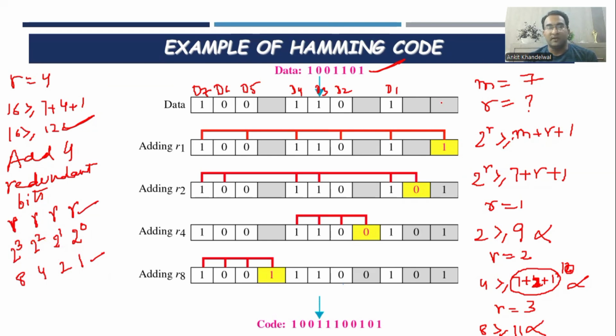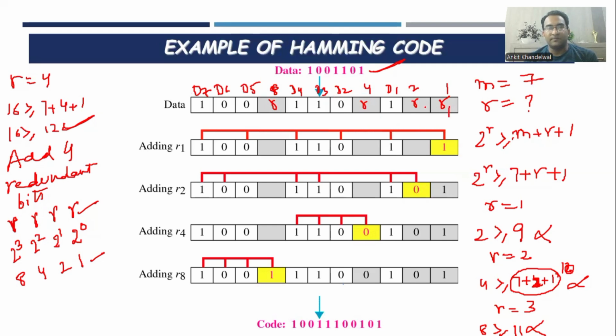So here are the values of R at position number 1, R at position number 2, R at position number 4th, and R at position number 8th. So this is the position of the redundancy bits. Now we are adding the suffix.